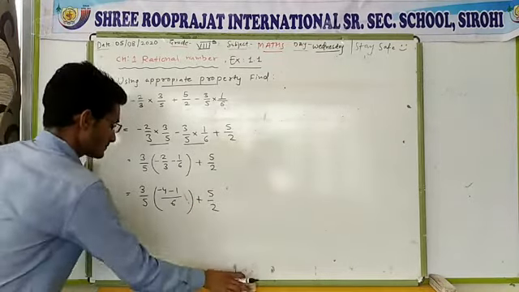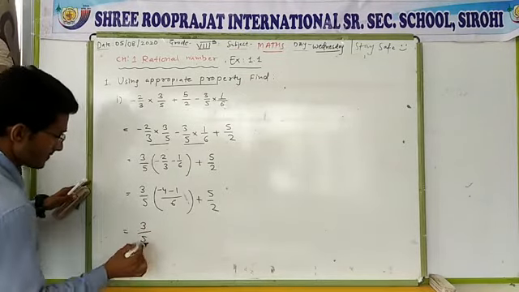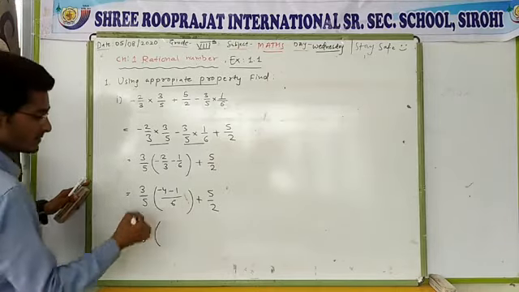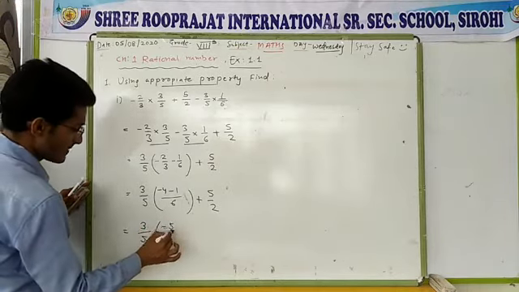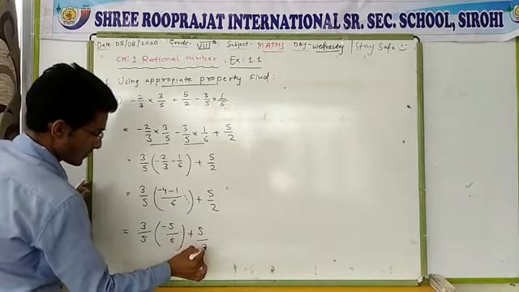Next one, if you solve this bracket, we have 3 by 5. So minus 4 and minus 1, both negative, that means you have to add. We will get minus 5 by 6 and plus 5 by 2.